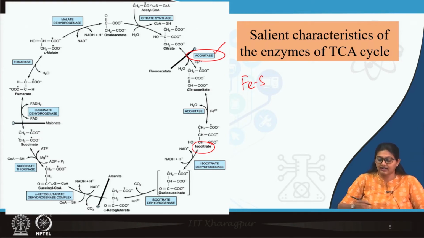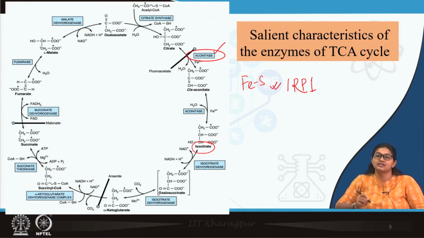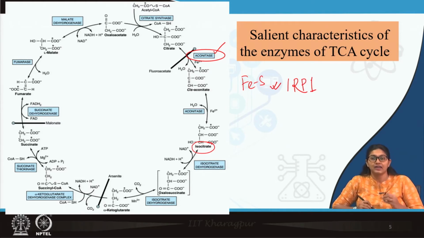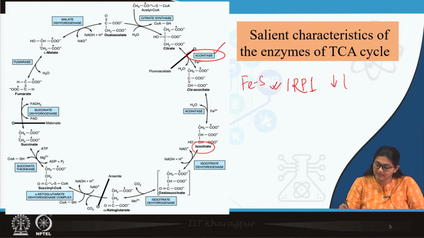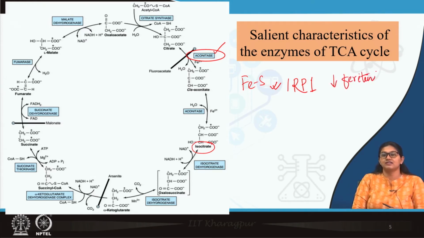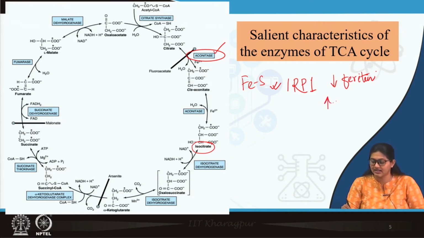It acts like iron responsive element binding protein 1, which is a transcription factor. This iron responsive element binding protein enters the nucleus and signals in such a way that ferritin synthesis is decreased and transferrin receptor synthesis is increased.